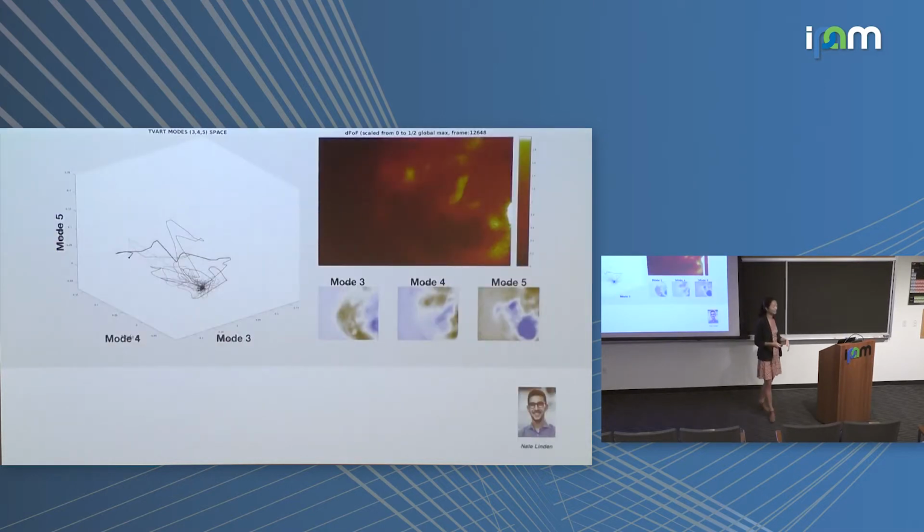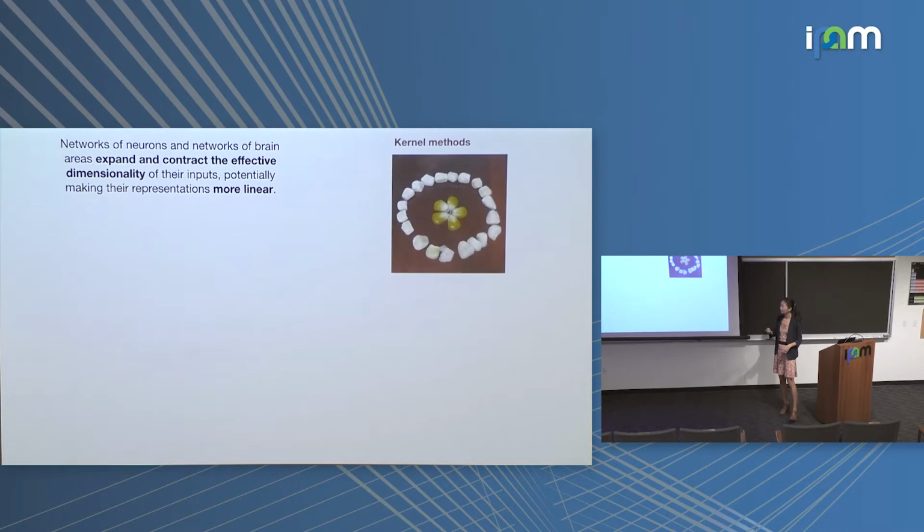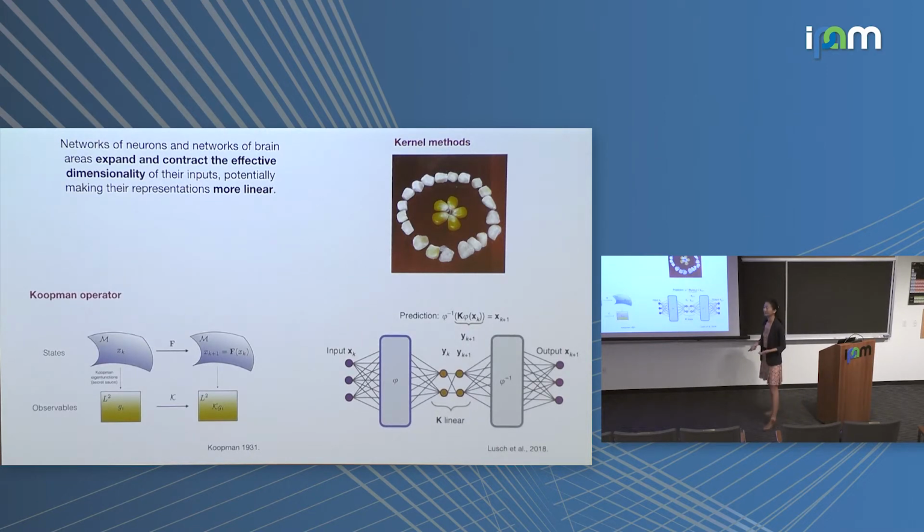So this is popularly known as the kernel trick in machine learning. And the dynamical systems version of that, one of them at least, I would say, is the Koopman operator. It's this idea that if you increase the dimensionality of your representation of your dynamics, things that used to be tangled up and nonlinear might become more linear.